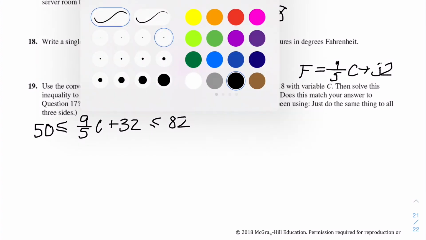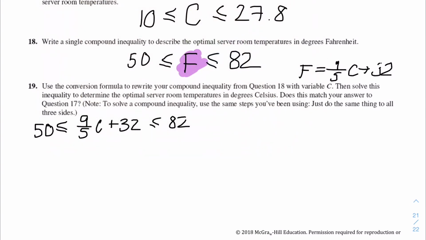You want to get the value C by itself, so you want to subtract 32 to make these cancel. But if you're doing that in the middle, you've also got to do it to both sides of the inequality. So that gives us 50 minus 32 is 18. 82 minus 32 is 50.